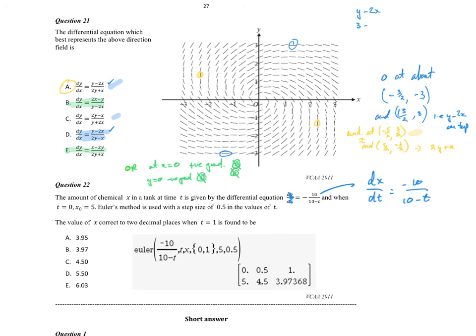So I've gone for negative 5 on 2, 3 on 2. If I substitute that into A or C, only A will give me the 0 on the bottom.